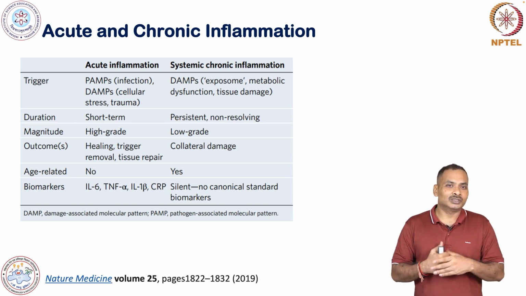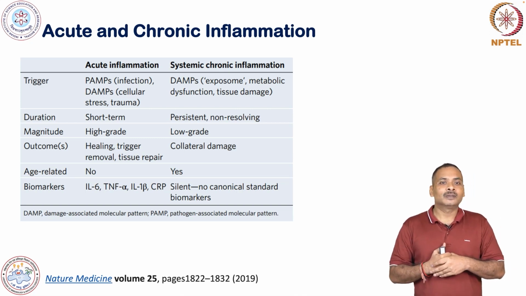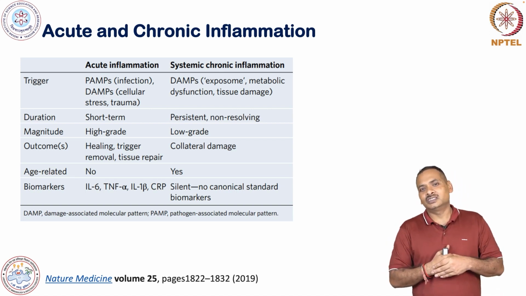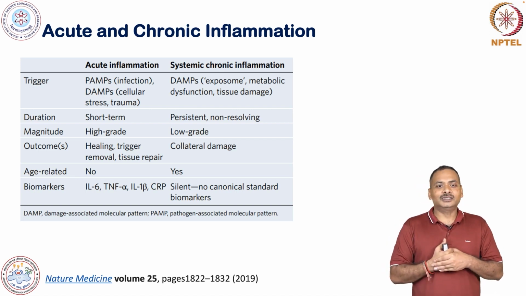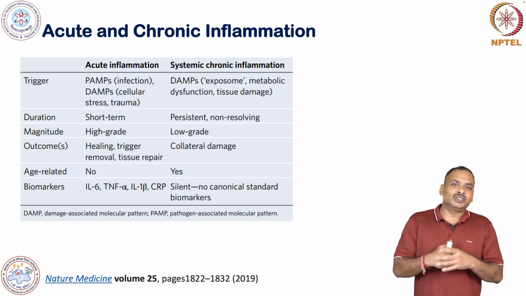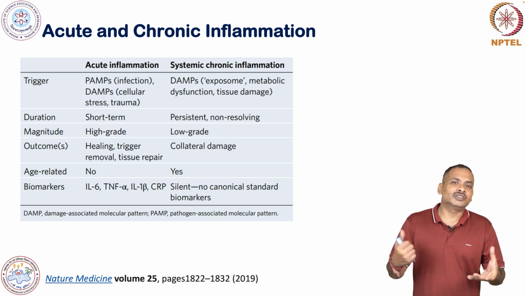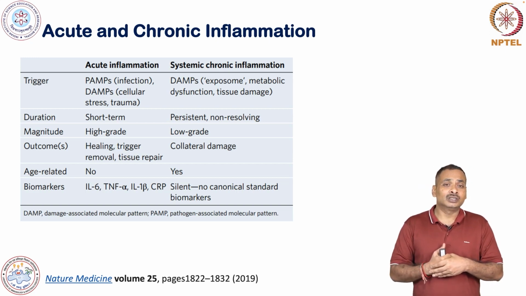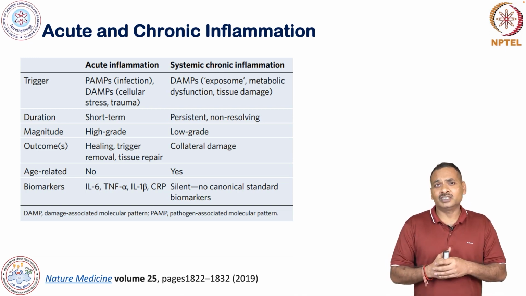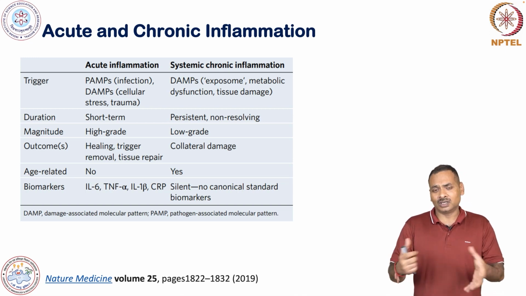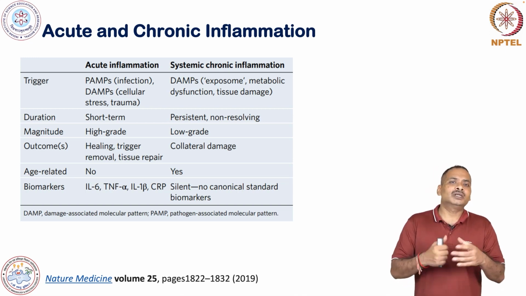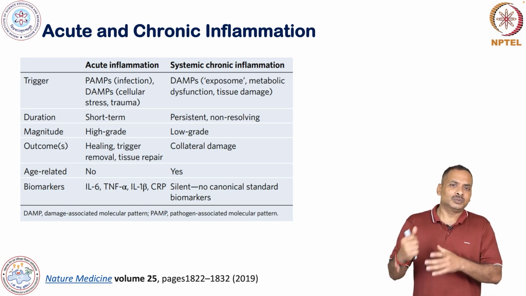I have told you about CRP, C-reactive protein. But in chronic inflammation, you will not see these conventional signatures. There will be a different set of molecules, and we still do not understand very well what those signatures are. But that will be much more complex.